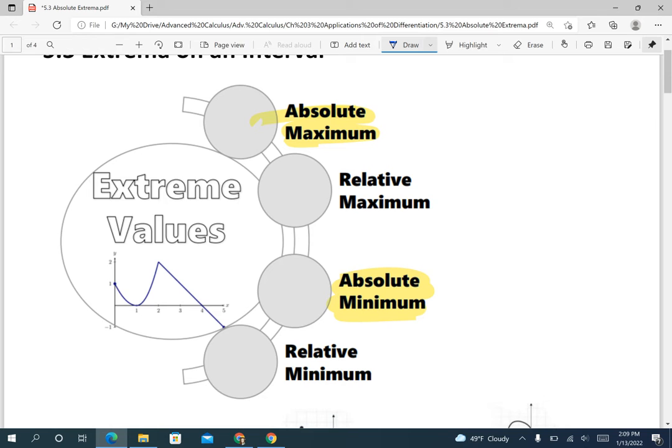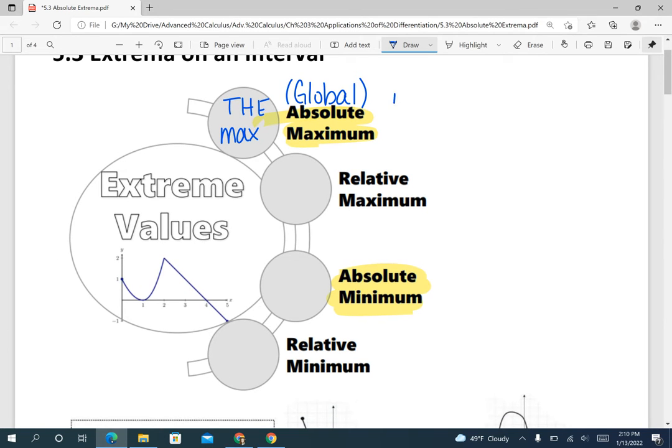So first of all, you should know what an absolute maximum and an absolute minimum are. Absolute maximum can also be referred to as the global maximum, or you might hear some people call it the maximum. The maximum value of a function is the highest y value of a function.